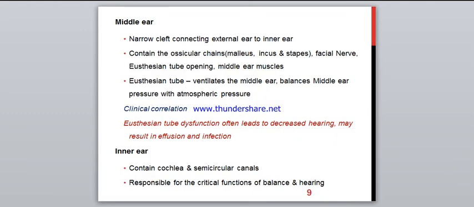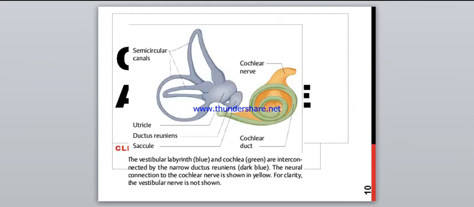The other is the inner ear, and it contains the cochlea and semicircular canals, and this inner ear is responsible for the critical functions of balance and hearing. We will discuss the function of each part of the ear: function of the external ear, middle ear and inner ear, part by part.